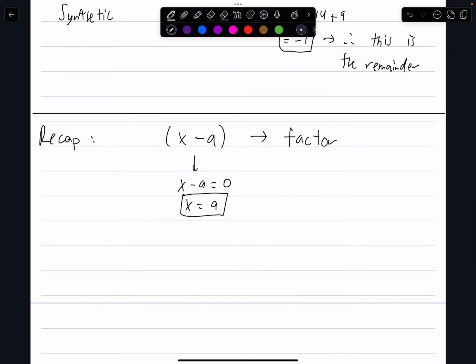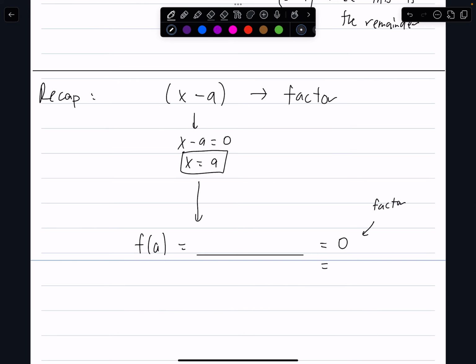Now if I plug f of a into whatever the function is, and I get 0, then it's a factor. If I get a number that's not equal to 0, then it's a remainder. So equaling 0 is factor theorem, not equaling 0 is remainder theorem.